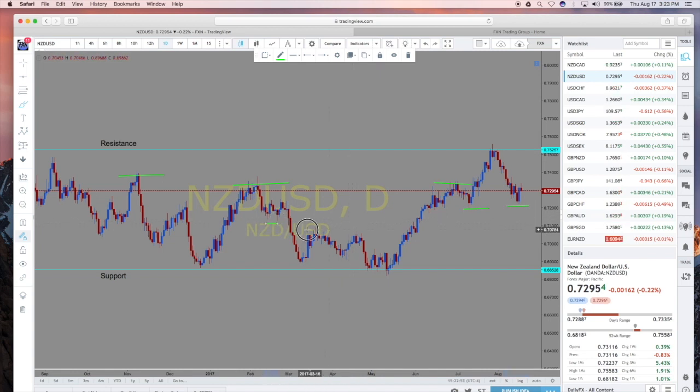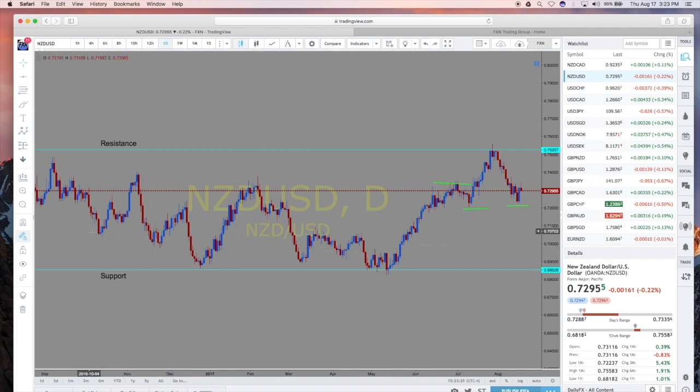You'll see all these little areas where price just didn't make it to support. It stopped, reversed, and then came back. So what do we do with these? These are minor levels of support and resistance. All these different areas where price stopped and reversed are also areas of support and or resistance.